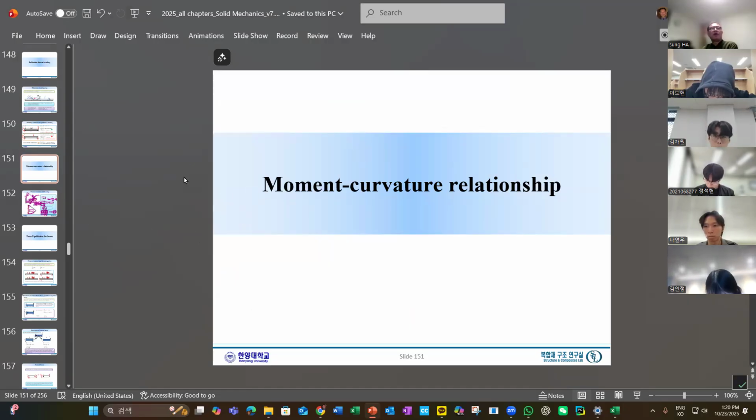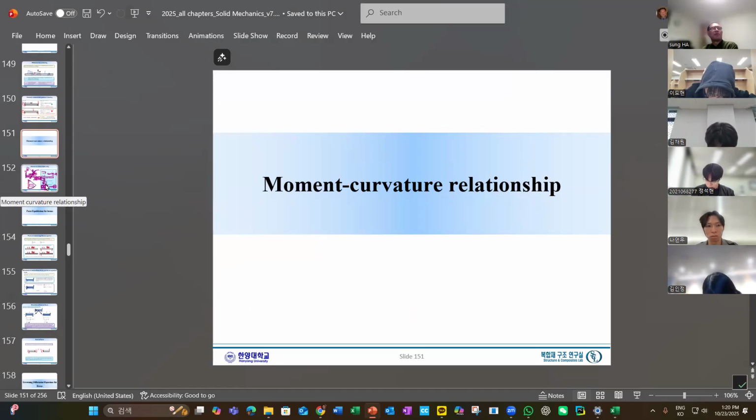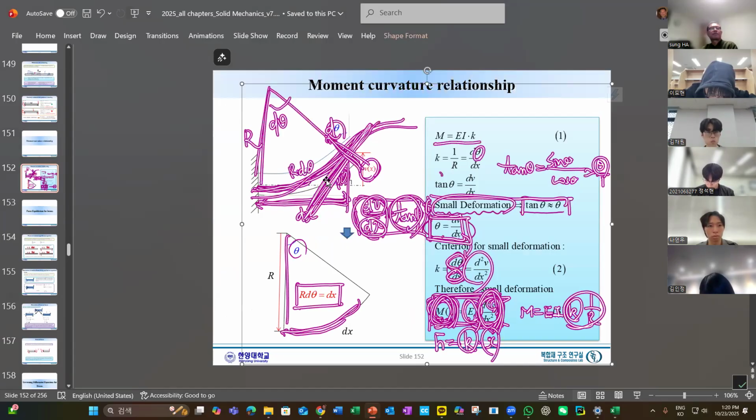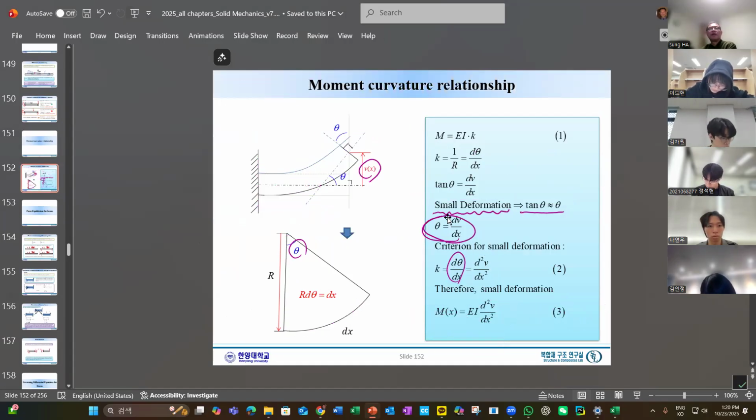Now, moment curvature relations. Moment curvature relation. Now here is the one, say this is a beam, okay? It was straight like this, and then due to a certain bending moment, this end, of course, is lifted up.